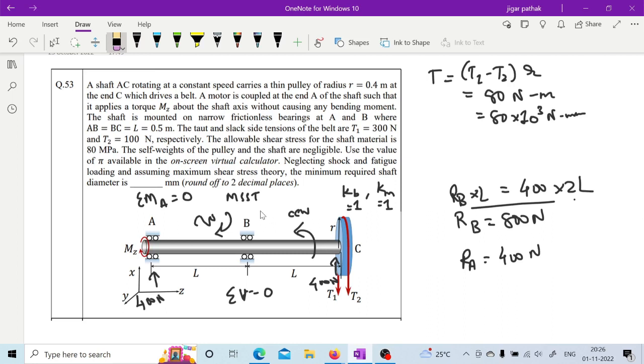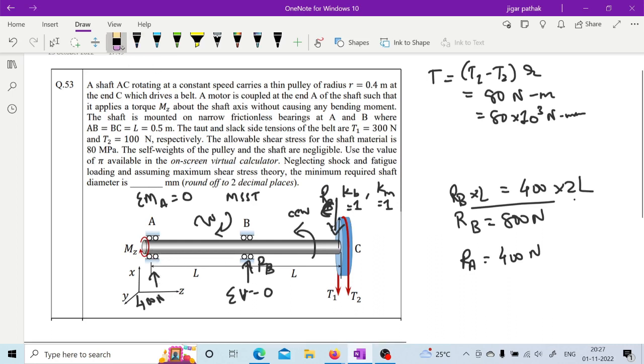Because at this point T1 plus T2 is acting in the downward direction. Previously I have written this clearly. This is RC. So this is downward, this is 400 into 2L, and here it is RB into L. So RB is acting upward, and as this is upward, here it is downward, so here also it will be downward. Correct.